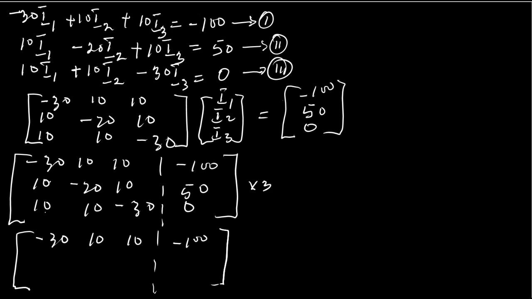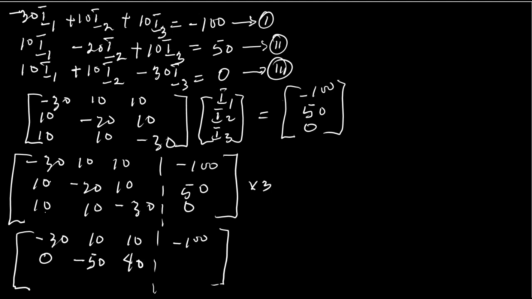If I multiply by 3 and add, 10 times 3 is 30, plus minus 30, that's 0. Now 3 times minus 20 is minus 60, plus 10, that's minus 50. And 3 times 10 again is 30, plus 10, that's 40.